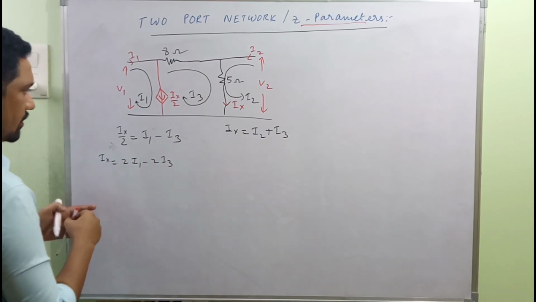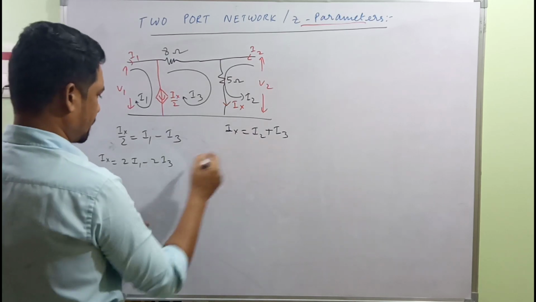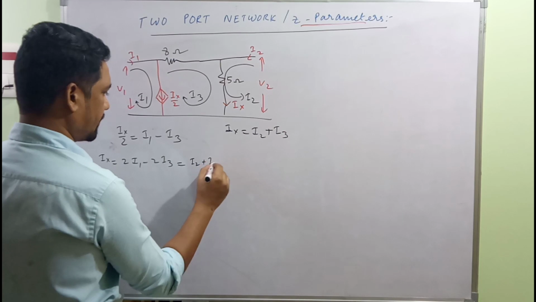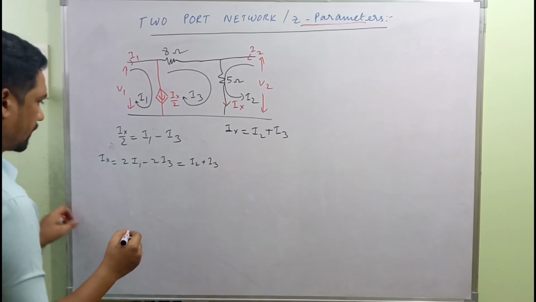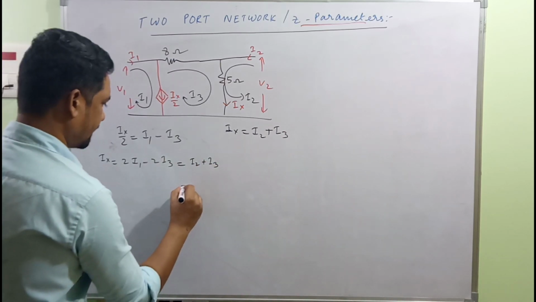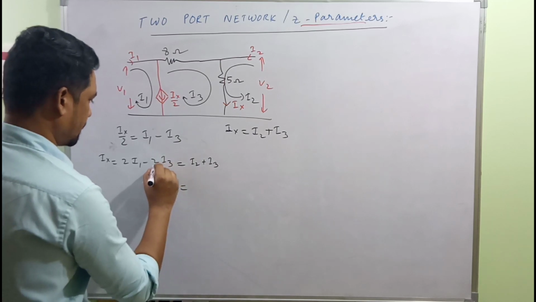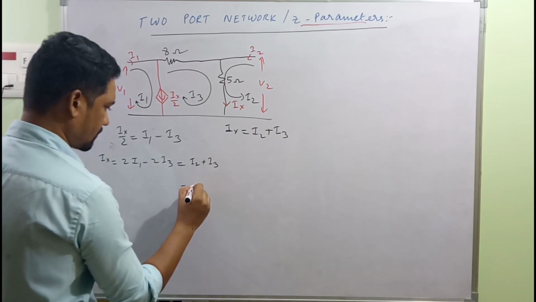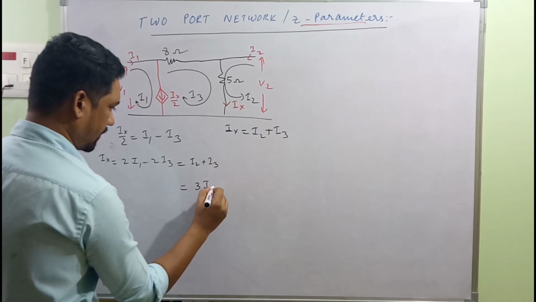So this is 1, and even that side we have Ix, so these two will be equal, in the sense I2 plus I3 will be equal.